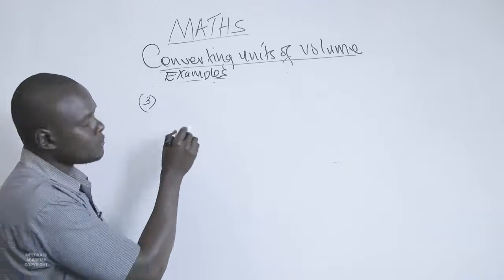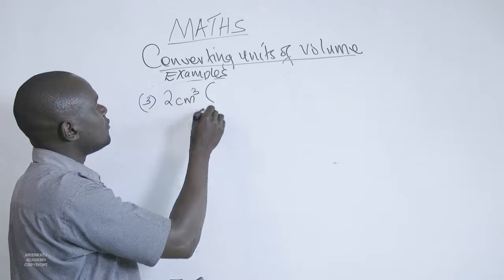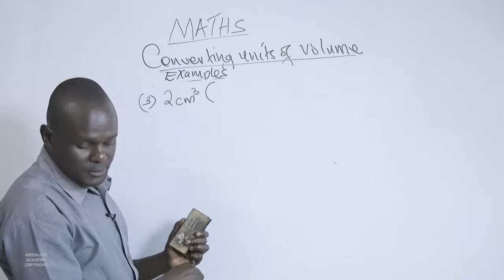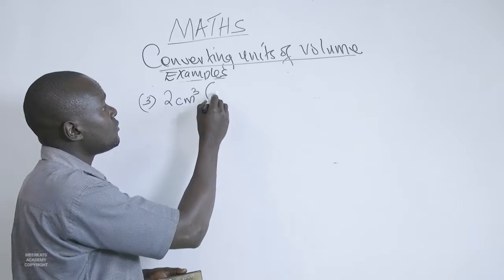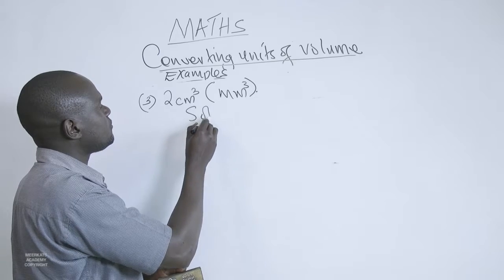We convert 2 cubic centimeters to cubic millimeters.